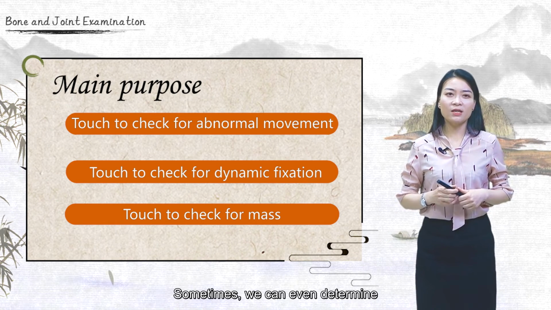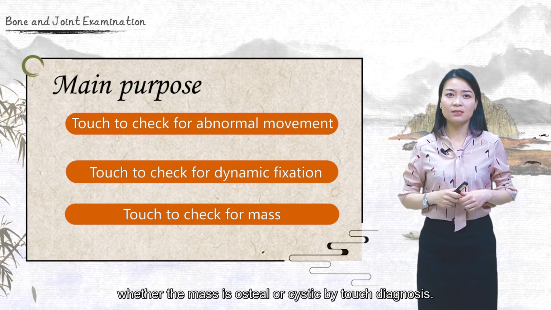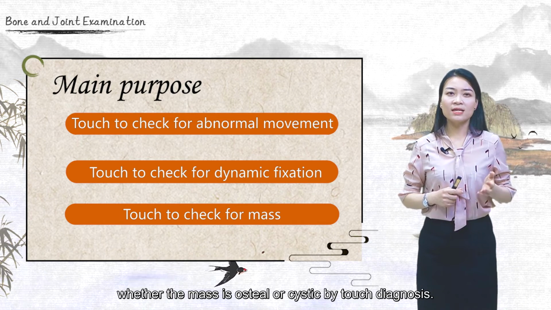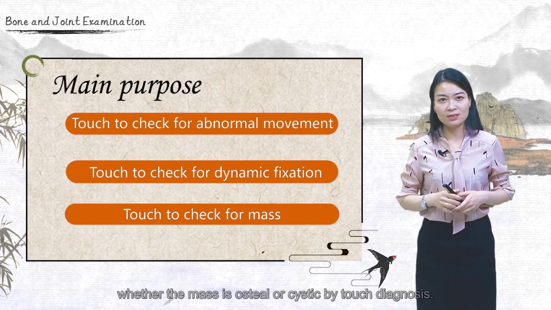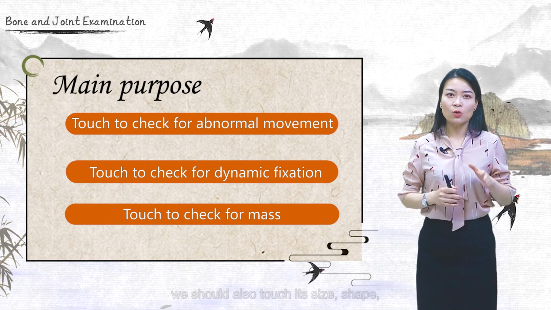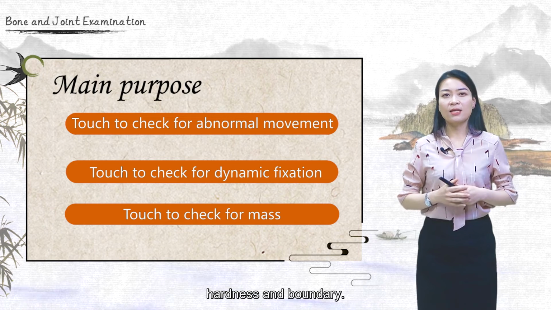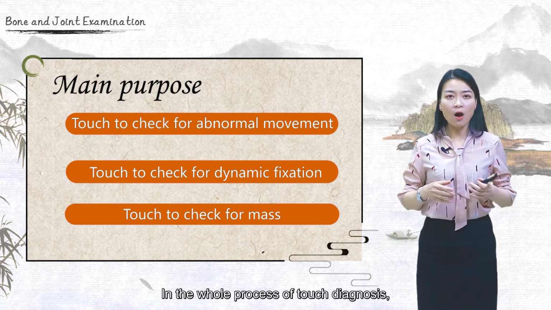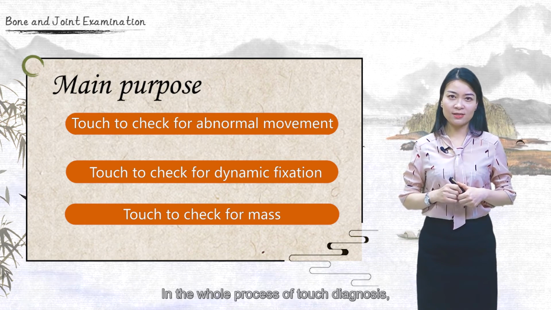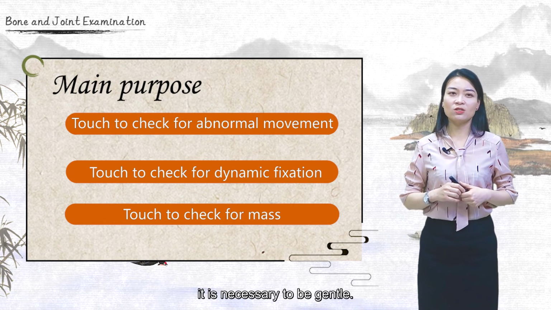Sometimes we can even determine whether the mass is solid or cystic by touch diagnosis. Of course, when touching, we should also touch its size, shape, hardness, and boundary. In the whole process of touch diagnosis, it is necessary to be gentle.